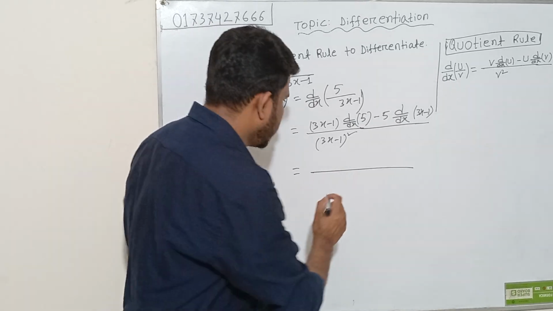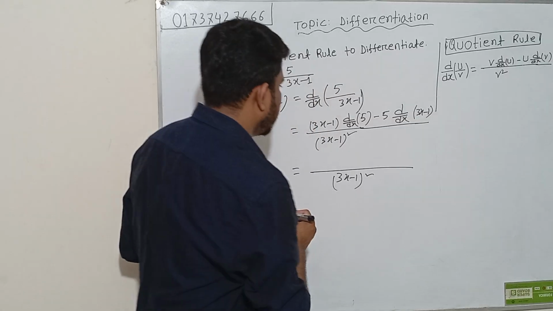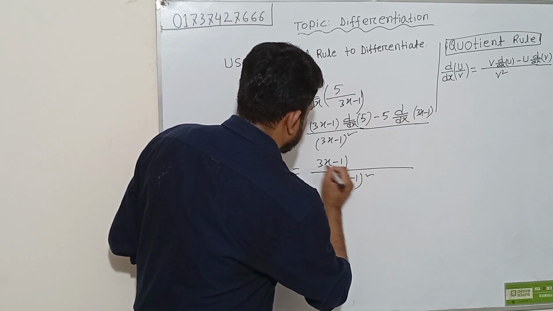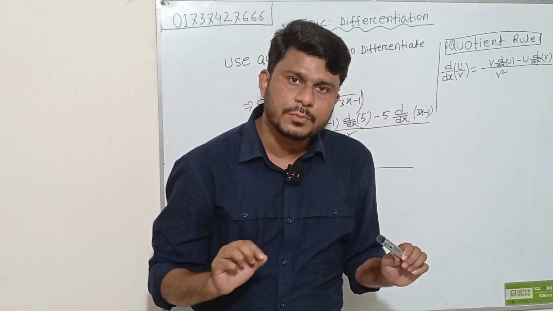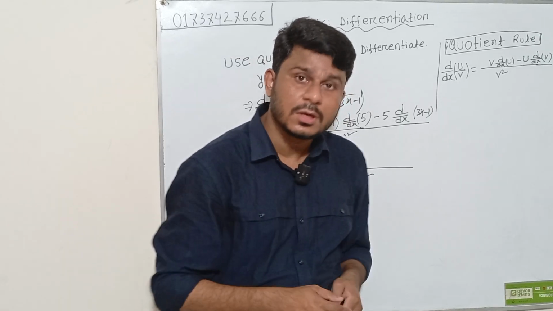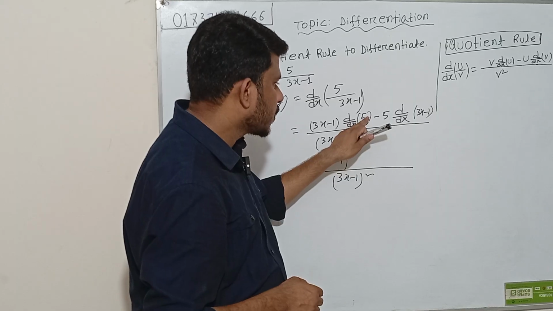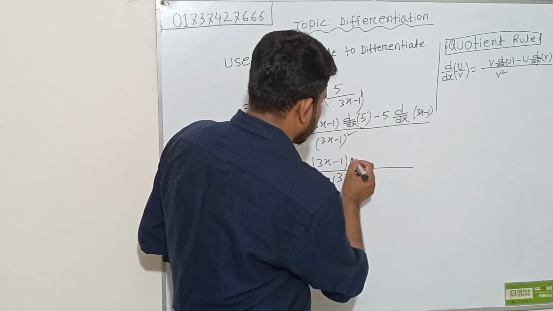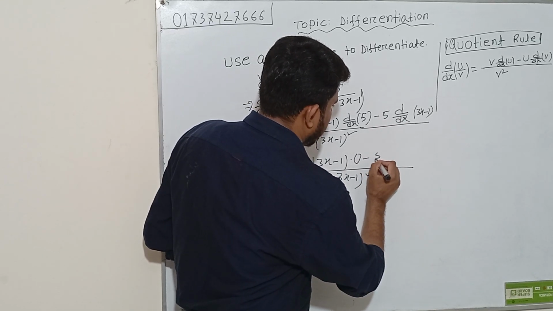We don't need to change it. Just 3x minus 1 whole square, and this is just copied 3x minus 1, and this is 5. This is a single constant. There is no variable. If it is a single constant, it can be anything, 1, 2, 3, 4, 5, 6, whatever it is, if we differentiate this constant term with respect to x, it will be 0. That means 0, and this is minus, and 5 is just copied here.